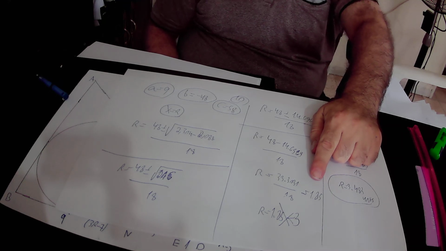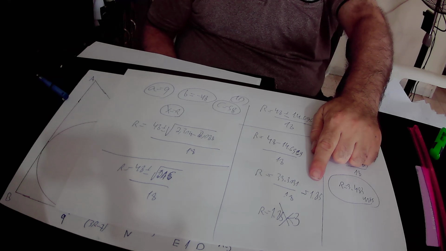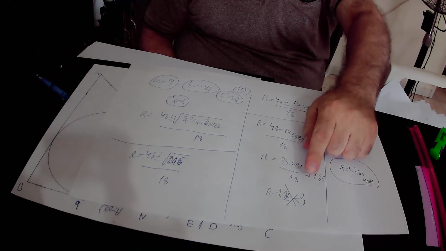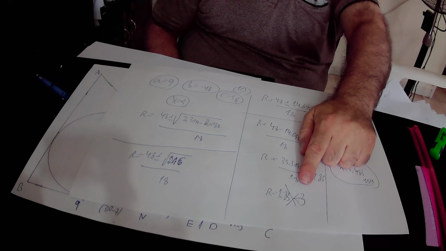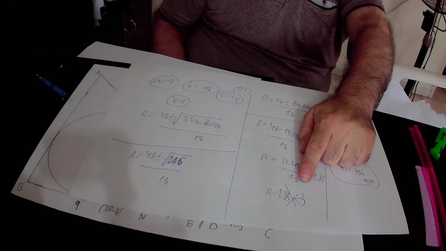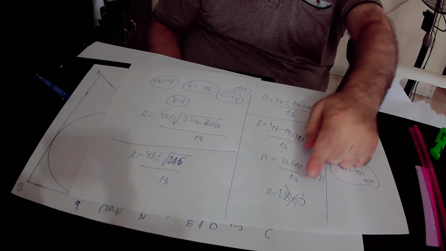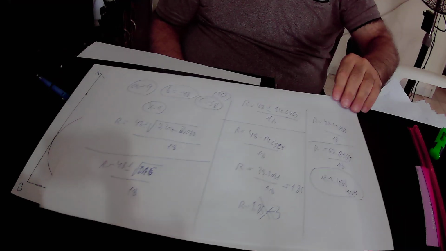So according to the first solution, R equals 1.85. But we have found that R cannot be less than 3 units, and 1.85 is less than 3 units. Therefore, we cancel this solution, and we are left only with the second solution.